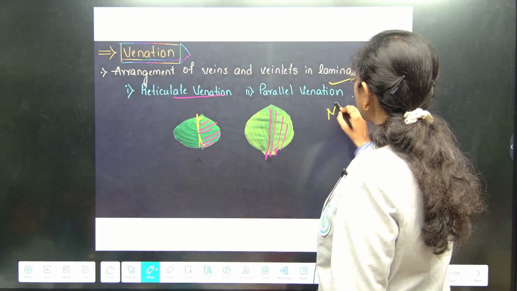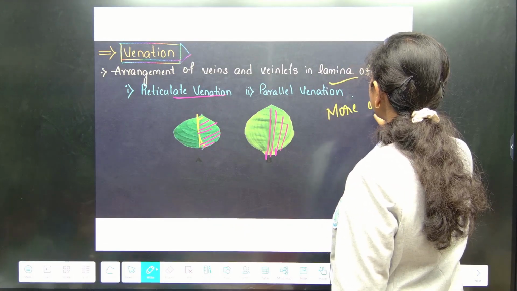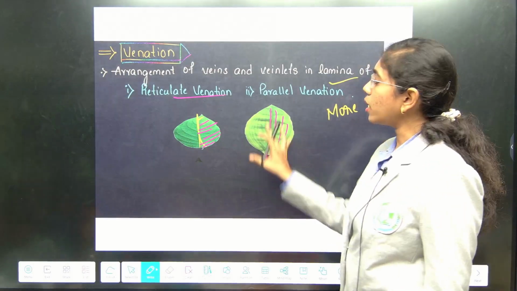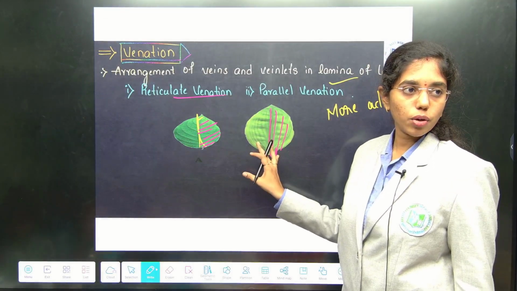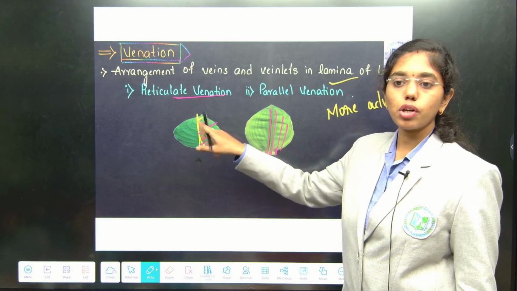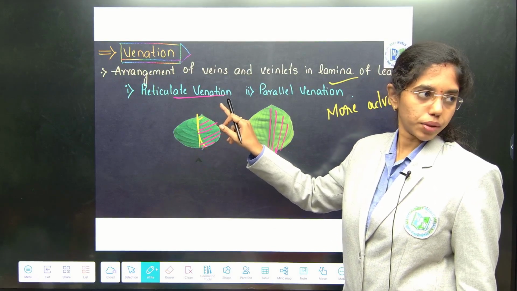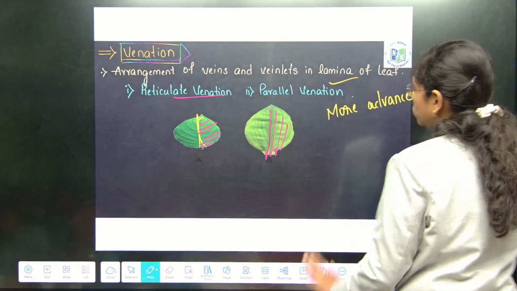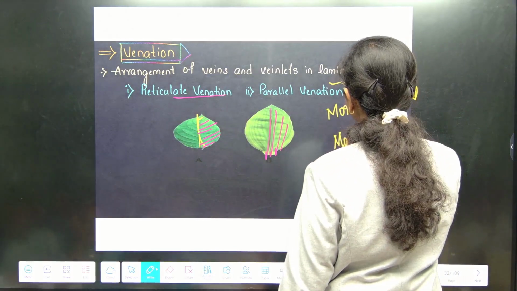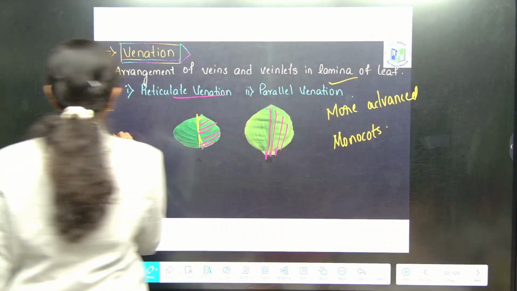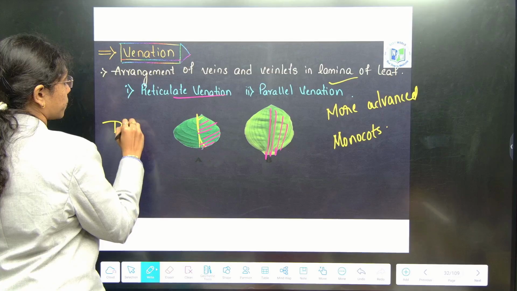Parallel venation is more advanced because this will provide equal share of minerals and nutrients all across the leaf. But reticulate venation gives out what? Network-like structure. This you will observe in most of the monocots and this in most of the dicots.